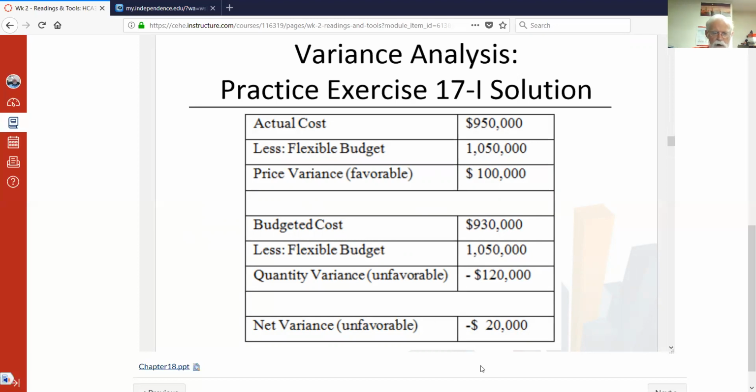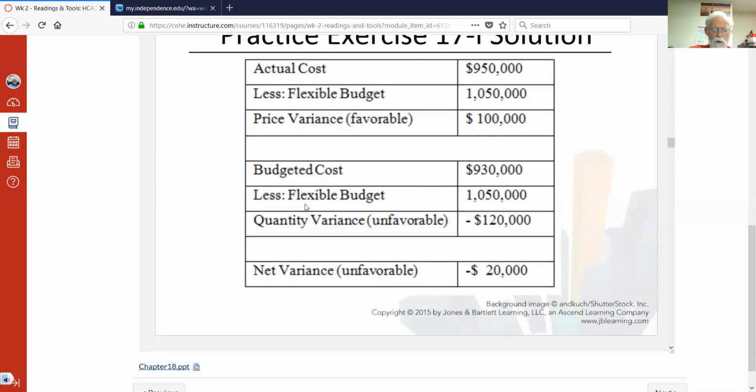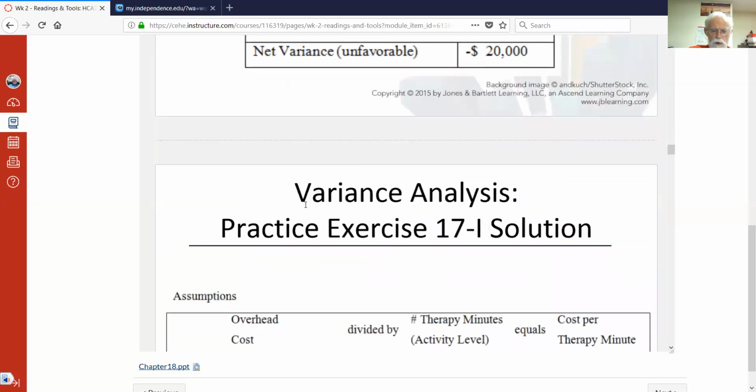So the net variance from budget to actual was 20,000. Now, we could actually just look at actual versus budget and see that our variance was 20,000. But the purpose of these variance analyses is to find out where the differences occurred.